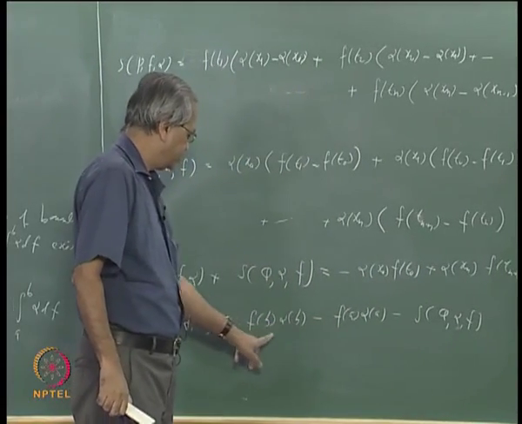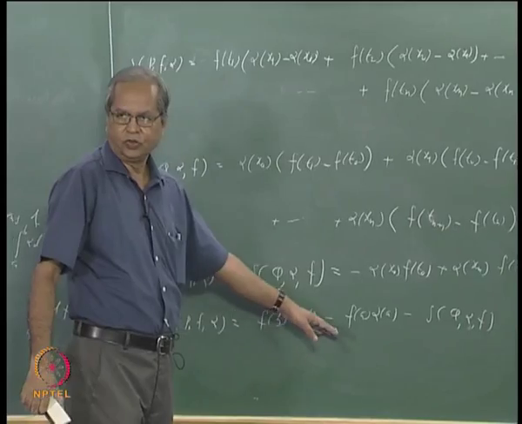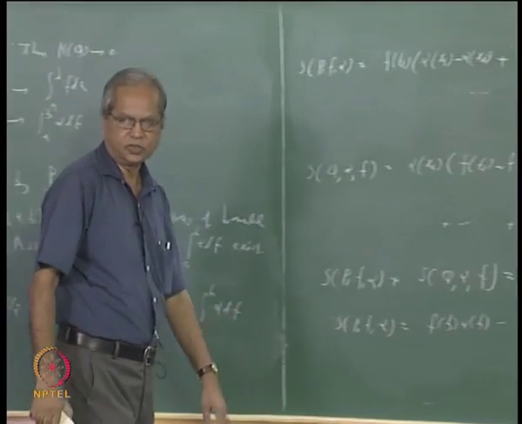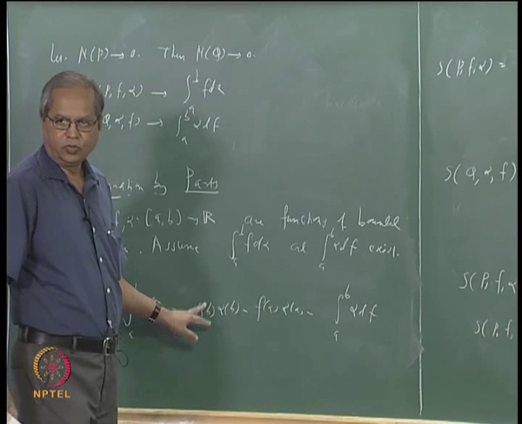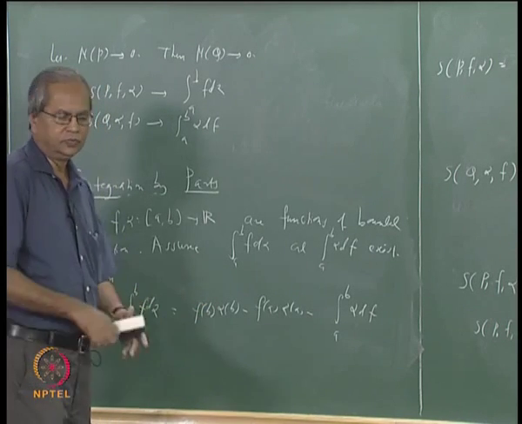And this term will remain as it is, f(b) alpha(b), because that has nothing to do with the partition. That is true for all the partitions. So in the limit we get this formula for the integration by parts.